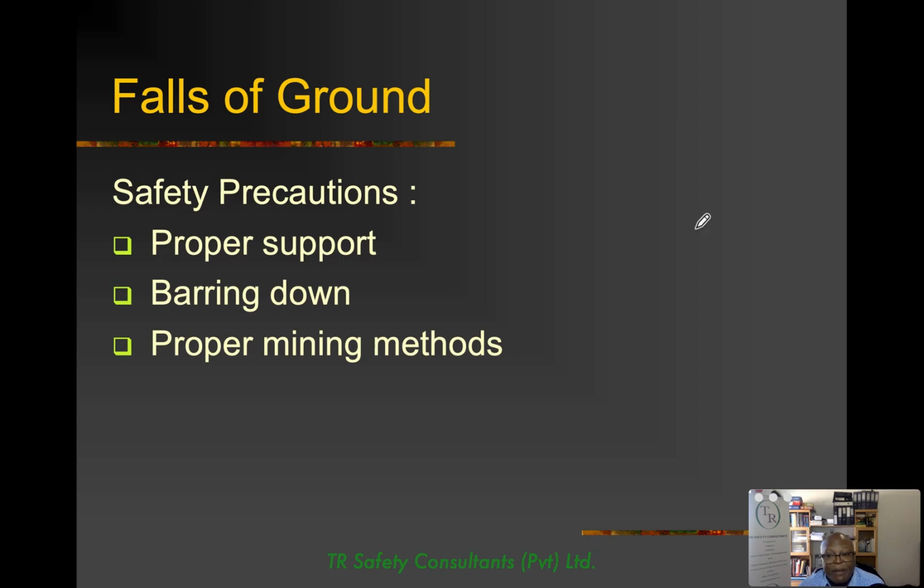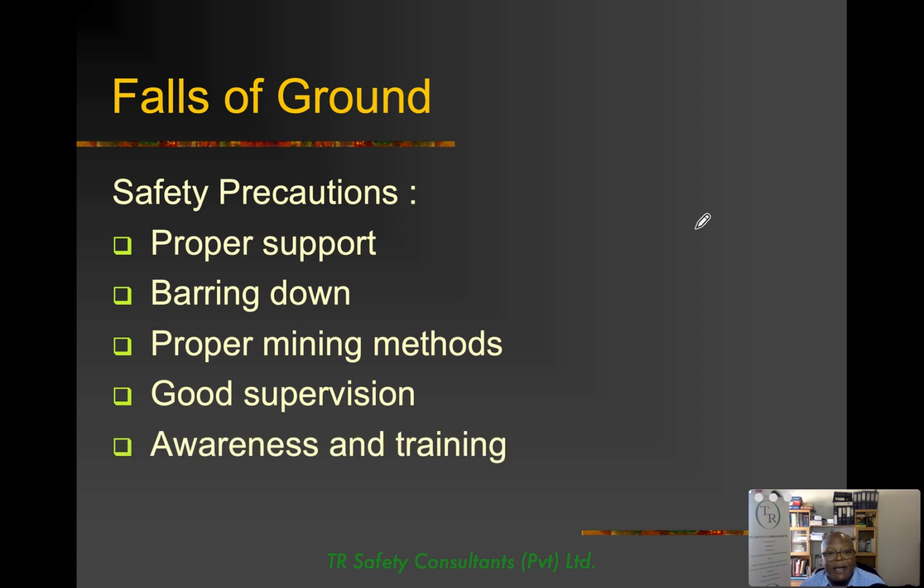They follow a pattern the miners know to prevent that. And good supervision is always the remedy in preventing some of the accidents we get in our mines, along with awareness and training on the hazards involving rock mechanics, rock strata control and all that.